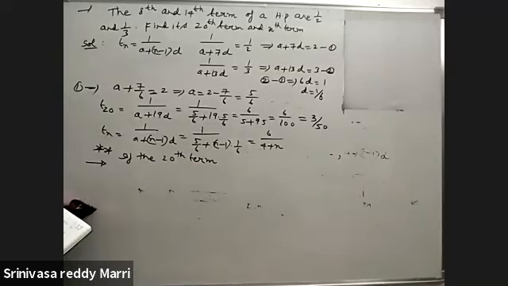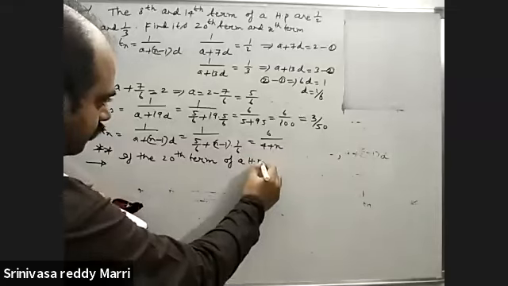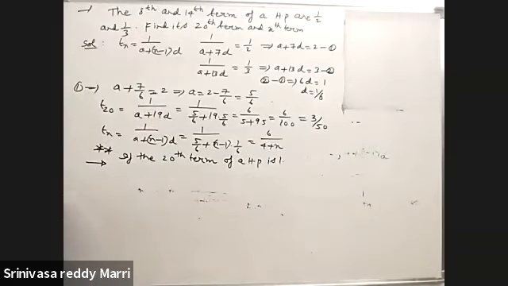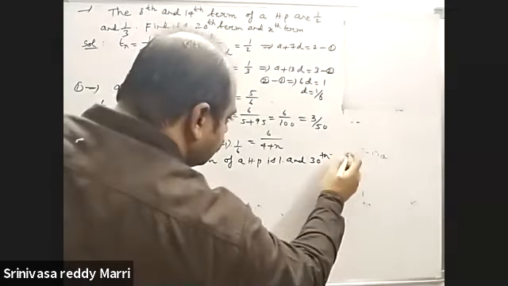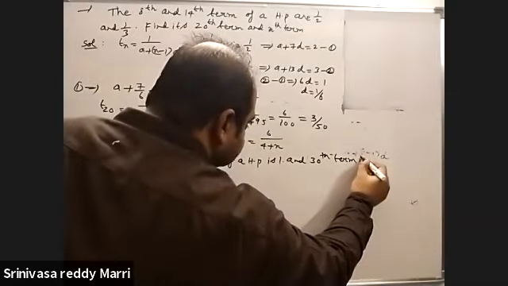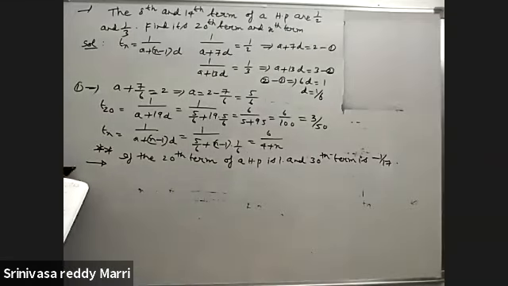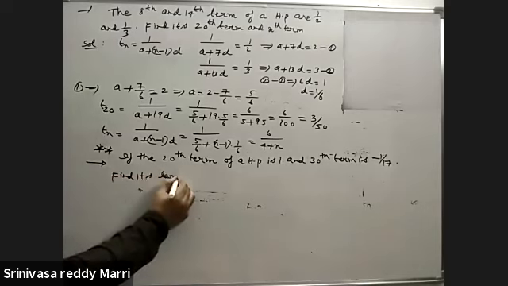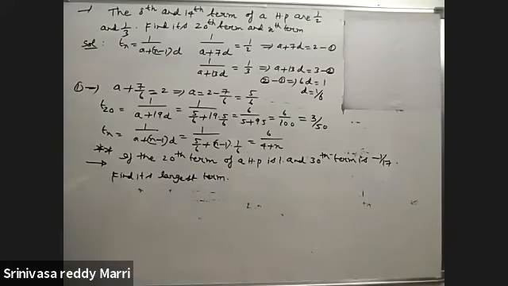If the 20th term of an HP is given as 1 and the 30th term is given as minus 1 by 17, find its largest term.